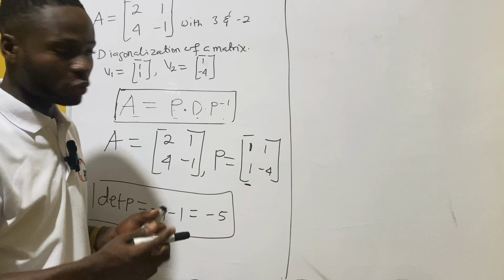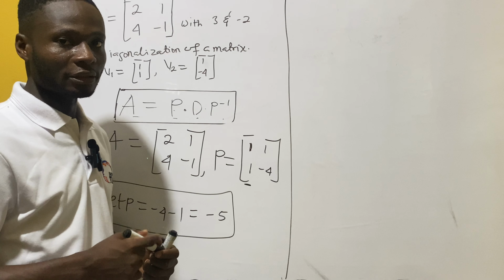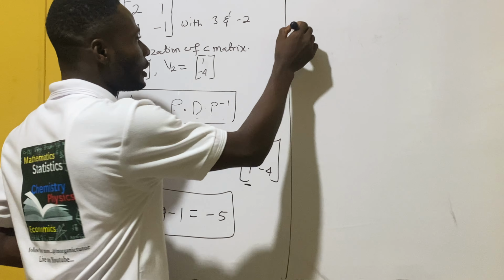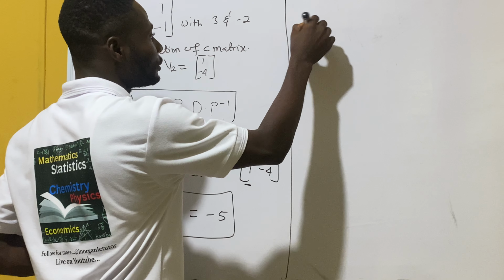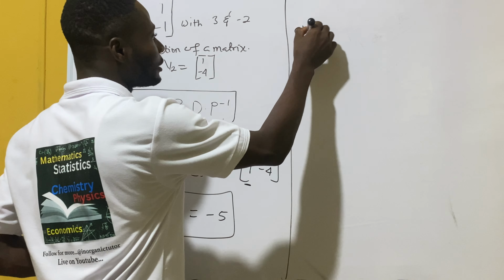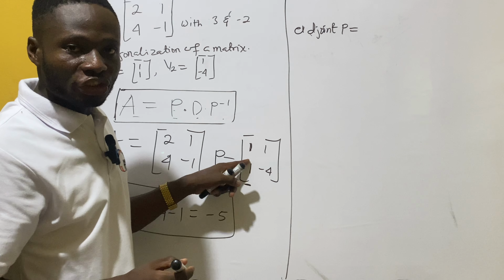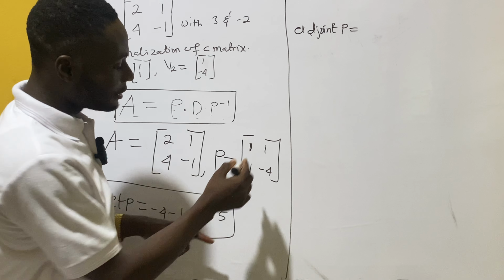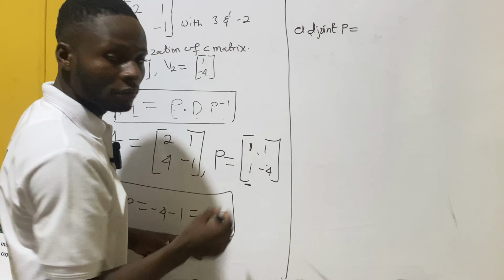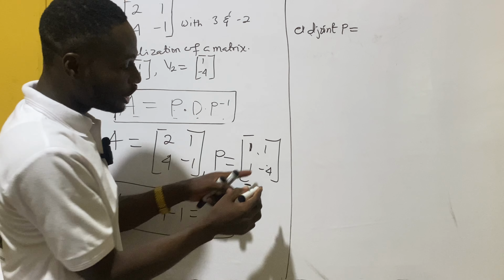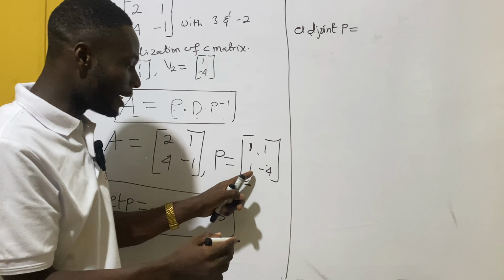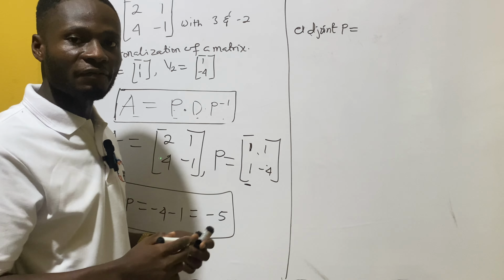So we have the determinant of P. We need the inverse, so we have to look for the adjoint. The adjoint of P will be equal to: you change the position of the main diagonal, and then you negate the off diagonal.